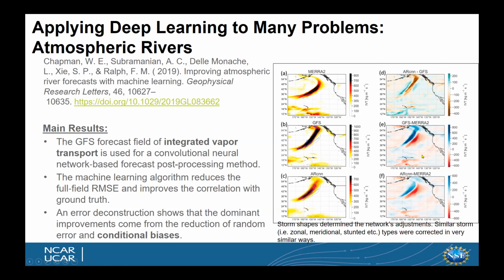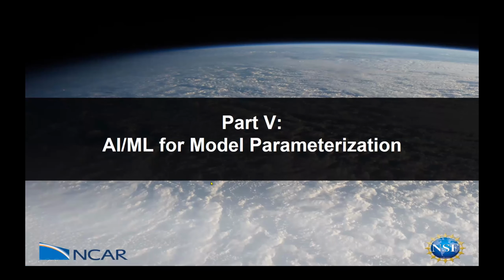When we're looking at the error in the original GFS, a huge phase error, we're able to correct that and have something much more realistic. I think this is an example of where we're going in the future and what is possible. And many of you out there, I'm sure, are working on similar problems. I'd really love to converse with you about some of those.